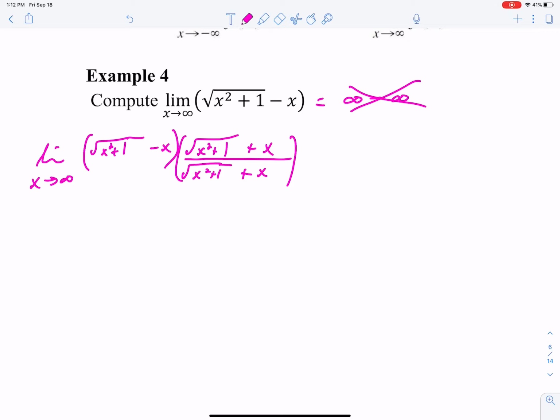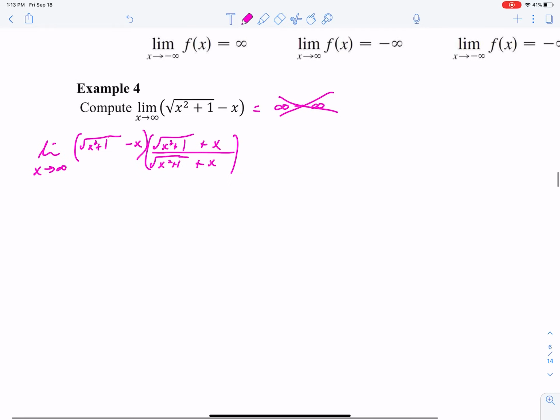All right, so on top, in the numerator, you need to FOIL: first, outside, inside, last. But actually you don't even have to FOIL, because multiplying by the conjugate automatically sets up a difference of squares for you. So really all you have to do is first times first and last times last with a minus sign in the middle. Don't forget equal signs: limit as x approaches infinity.